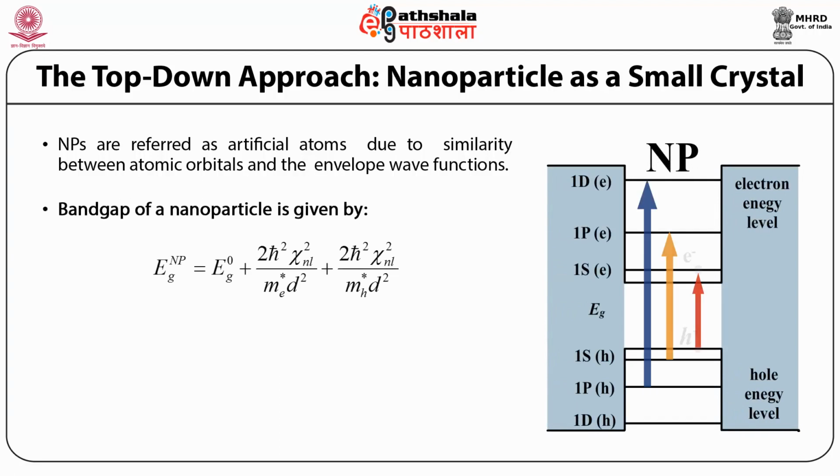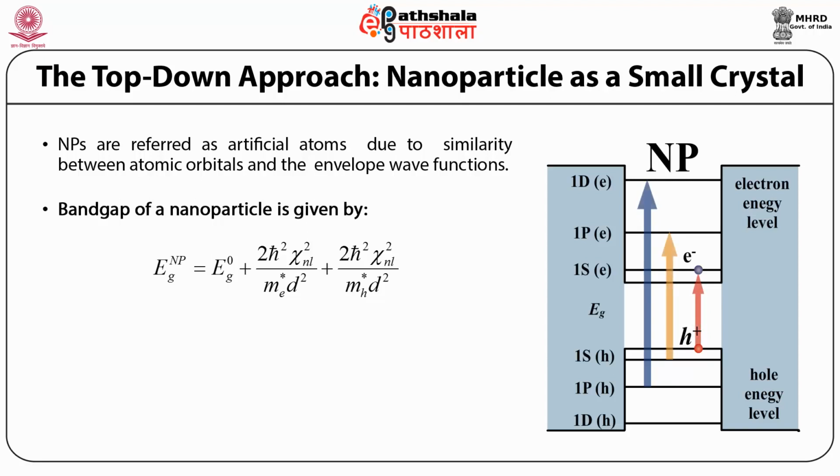That is, EgNP equals Eg0 plus 2ħ²χ²NL divided by Me* D² plus 2ħ²χ²NL by Mh* D².